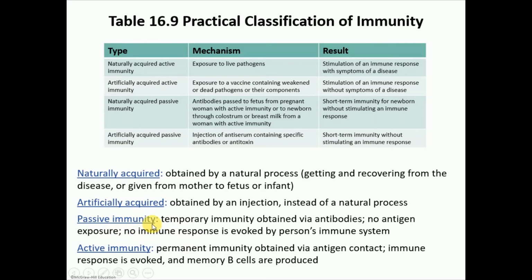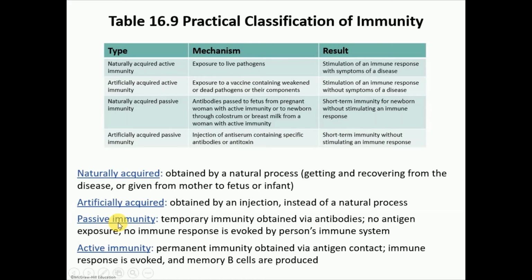Passive immunity is a temporary kind of immunity where you got a shot that had antibodies in it. The body was not exposed to antigens whatsoever. Your immune system was not involved in making those antibodies, but your body was given those antibodies very passively in order to protect you now. So that is a passive kind of immunity.